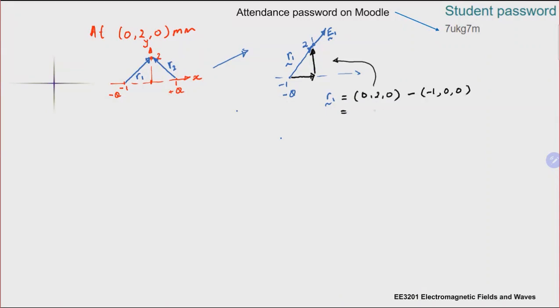This gives us 1, 2, 0 millimeter. Our unit vector will be divided by √5.